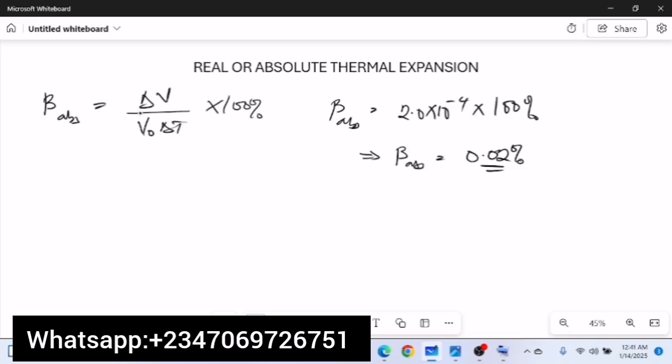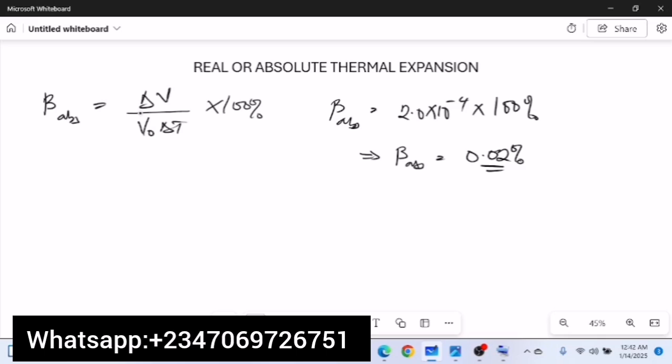So whenever a liquid is heated in a container, like we said, the liquid inside the container experiences an expansion, and the container itself also experiences an expansion. Now, the expansion of the liquid is called the real or absolute expansion, whereas the expansion of the container is called a linear expansion. The difference between the real expansion and the linear expansion gives rise to what is called the apparent expansivity.